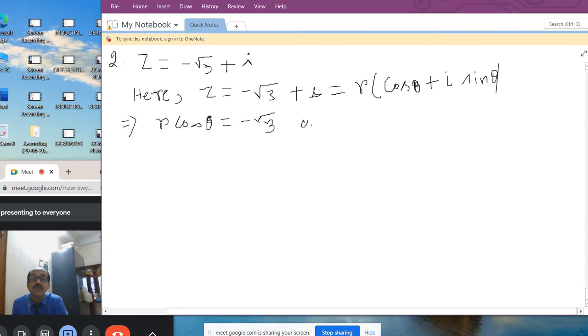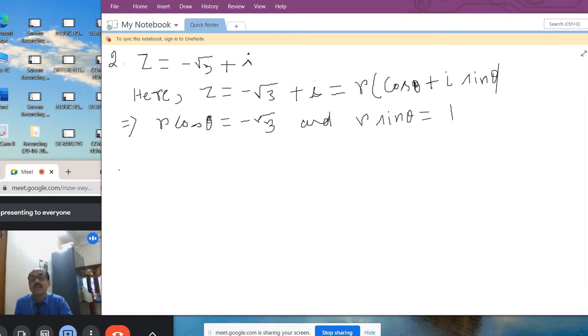R sin theta equal to i, cancel i on both sides.